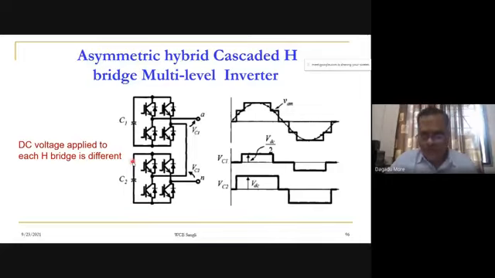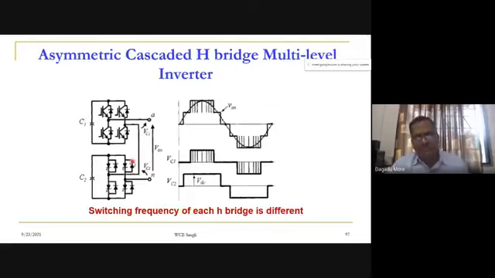Now let us go for another one. Various options are available. So if you look at the two bridges, what difference can you see? Is it visible? We have shown the two bridges. It is again one leg of a 5 level inverter.